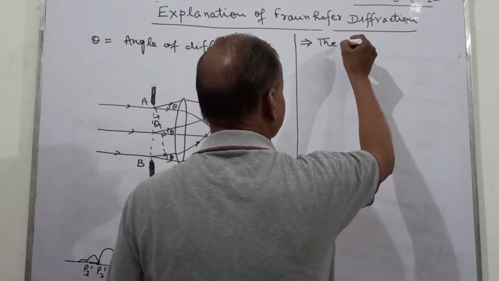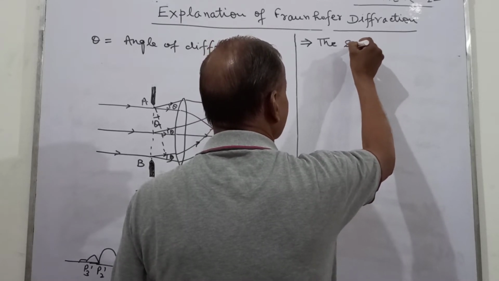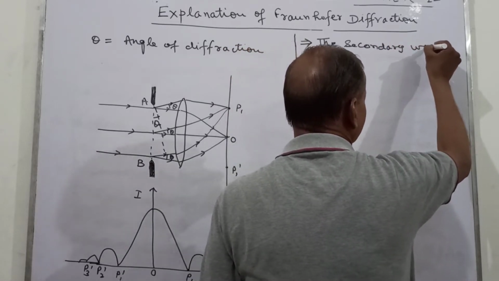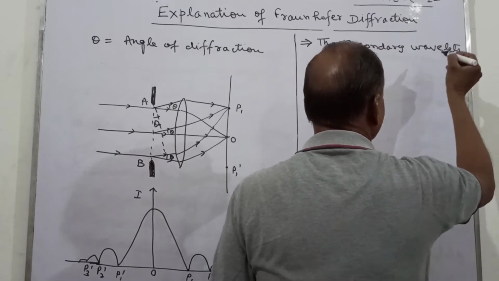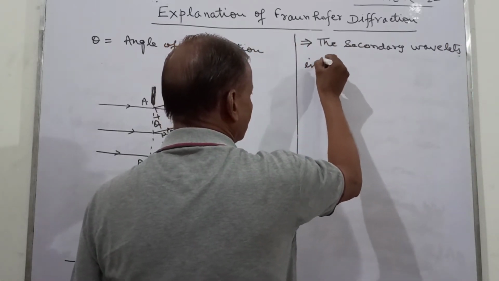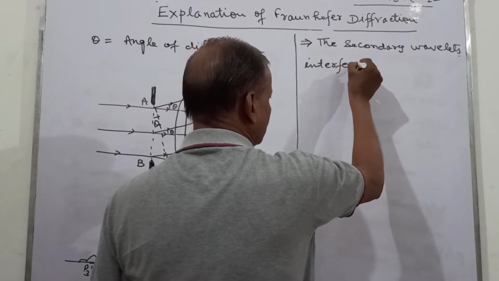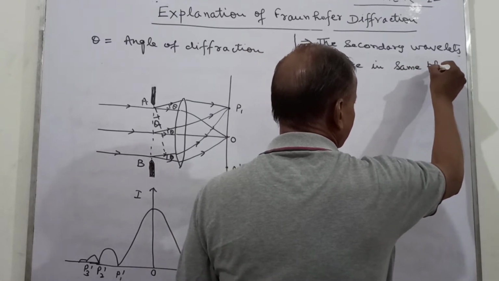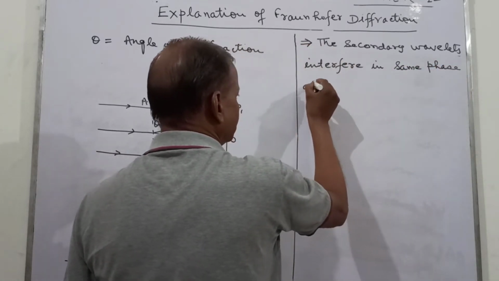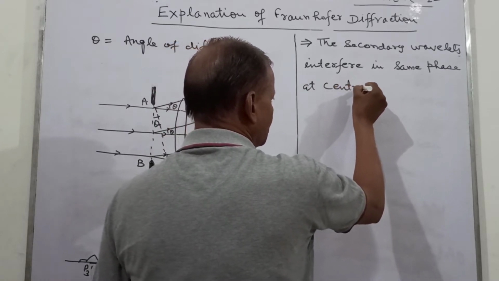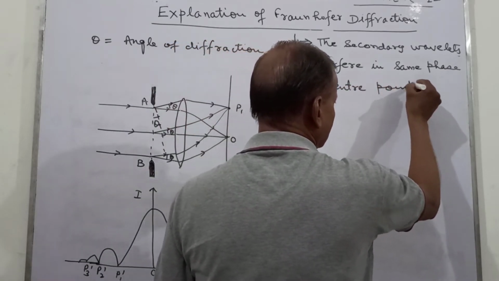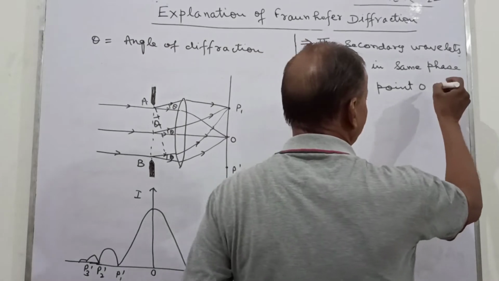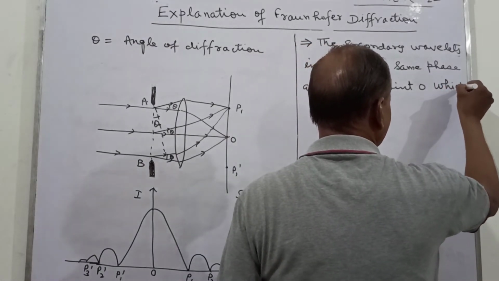The secondary wavelets interfere in the same phase at the center point O, which is bright.